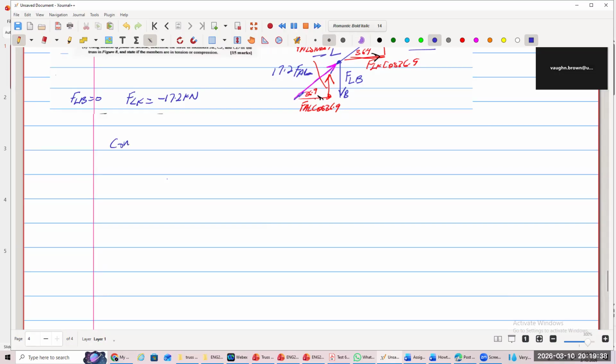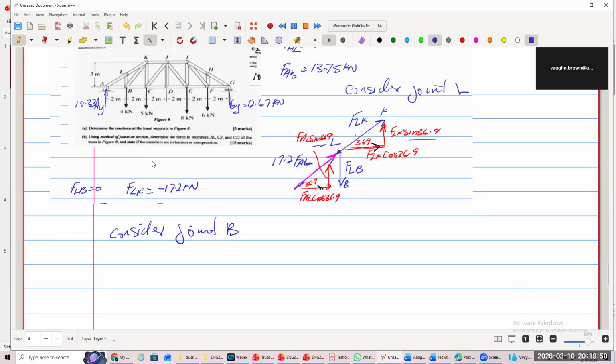So I'm going to consider joint B, and I'm going to draw it. The only problem I have, let me draw it first, and then I'll move down. Watch this now with joint B, as it's going to be a tricky one. I'm going to make an assumption for BK.